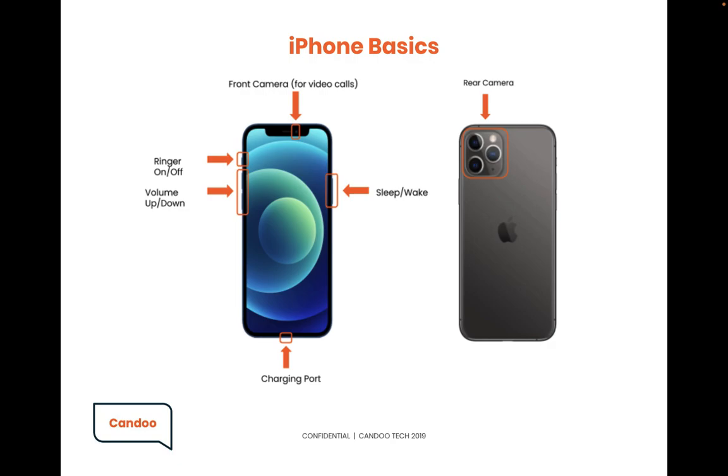On the opposite side, we just have the sleep-wake button, and on the bottom we have the charging port. Keep in mind that these button locations might vary depending on newer models that you will have, but for the most part, these button locations are fairly consistent across all models. On the back, like we see on the right-hand side, we have the rear camera.